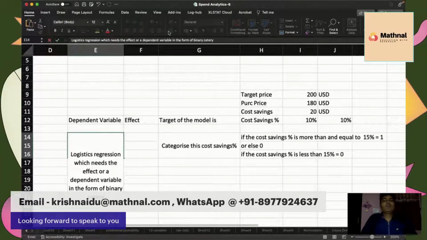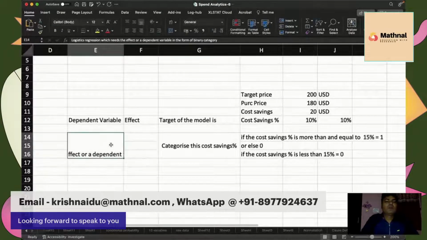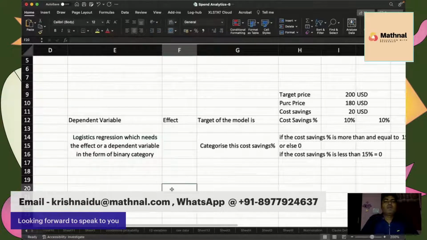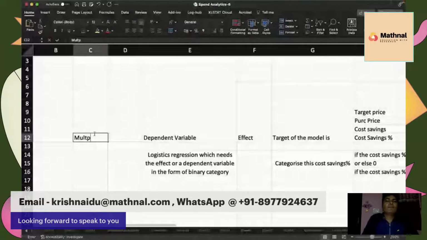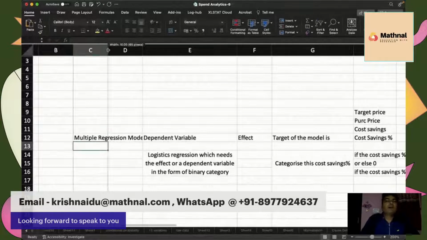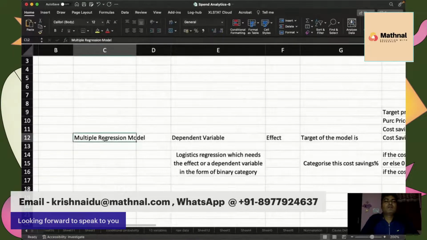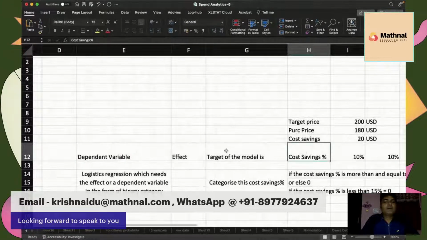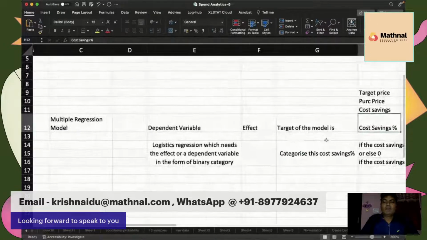So we are going to use logistic regression to come up with our spend solutions, right? If I had used another machine learning algorithm, like a multiple regression model, then I could have used the cost saving percentage as my dependent variable.